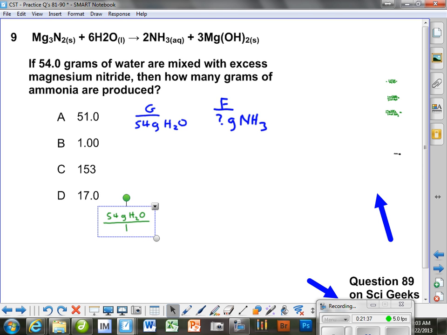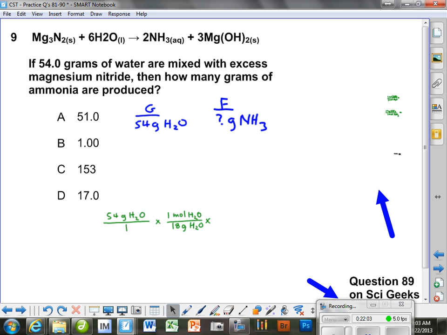But at any rate, let's start with the given of water over 1. And next, we're going to go to the calculation that will get water into moles. And when we do that, the 18 grams of water comes from 2 hydrogens and 1 oxygen. The oxygen being 16 and the water being a total of 2.